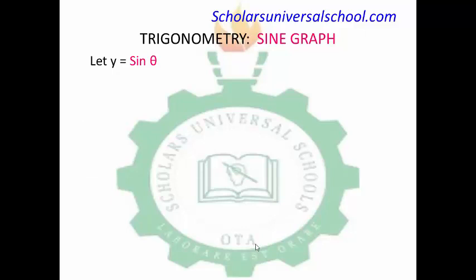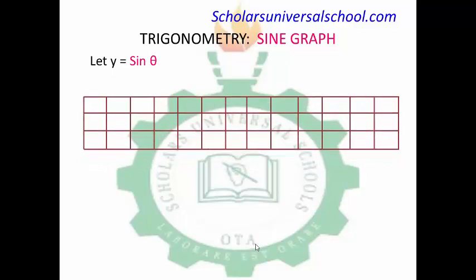First, let's consider the sine graph. Let's assume that we're given the equation y equals sine theta, and that we should choose our values of theta equals 30 degrees, 60, 90, 120, 150, 180, 210, 240, 270, up to 360 degrees, in that order.